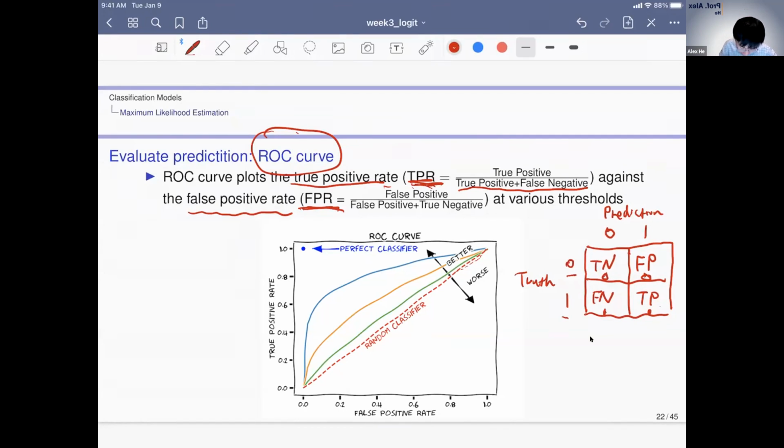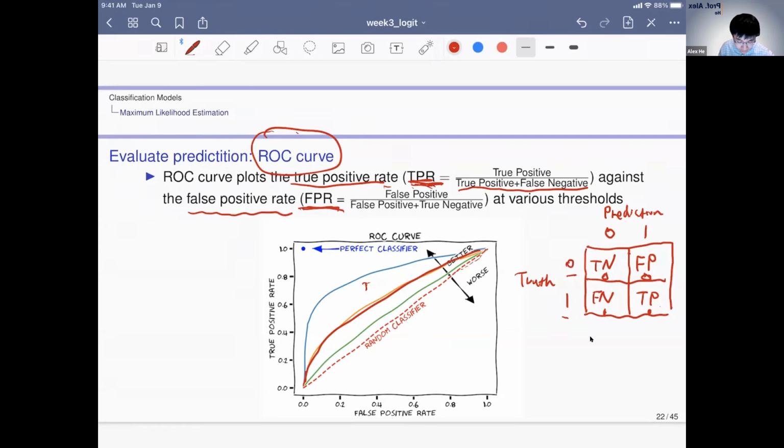Whenever the true positive rate on the y-axis is greater than the false positive rate, that improves the prediction. So this is a better prediction than the diagonal, and this blue line here is an even better prediction. Now let's map this to logit.